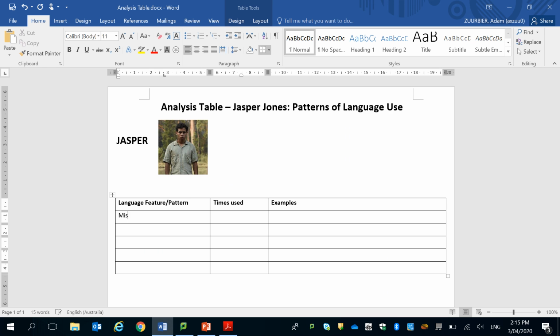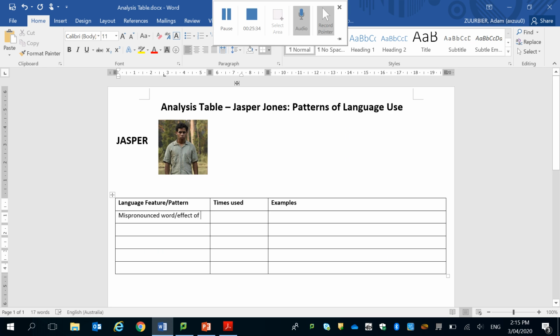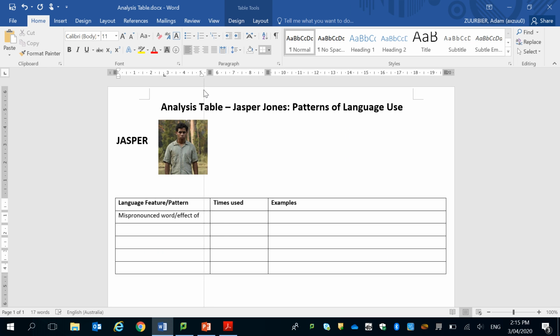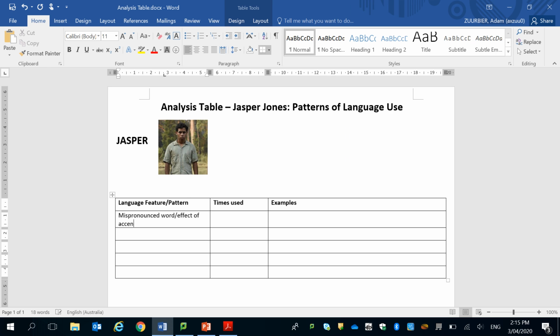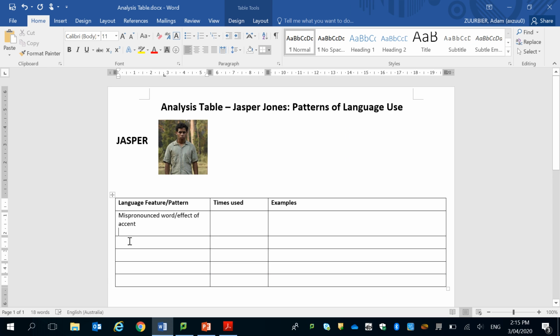So mispronounced word, effect of accent, and just downspace it, and use of profanity. Okay, so pause the video as you add yours into the table, okay, and then resume when you're ready to.